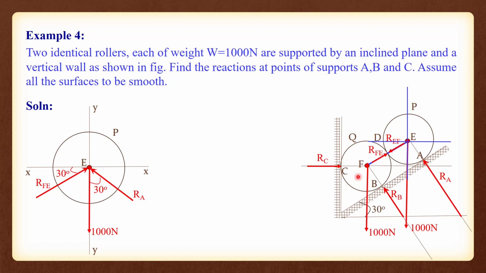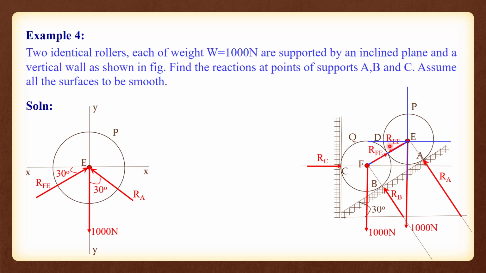Right? Now we will try to find out the angle made by RFE with the horizontal. As I have told earlier, the line FE and inclined line are parallel. Since the inclined plane makes an angle of 30 degree with the horizontal, this line FE will also make 30 degree with the horizontal.